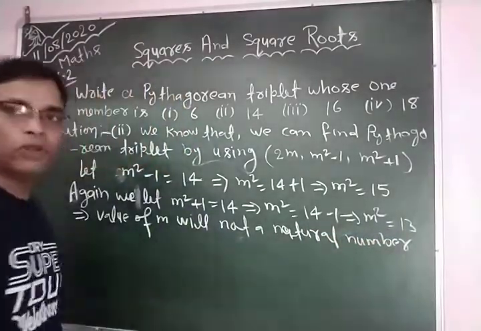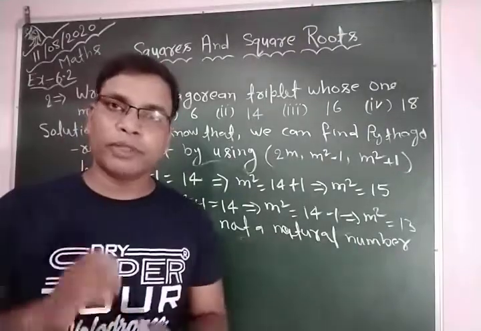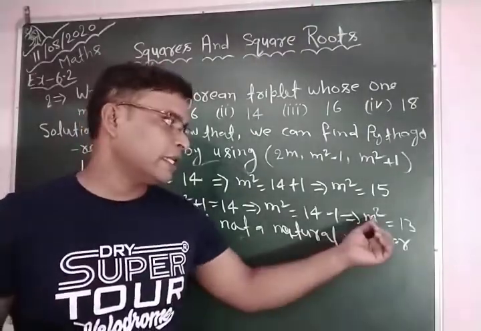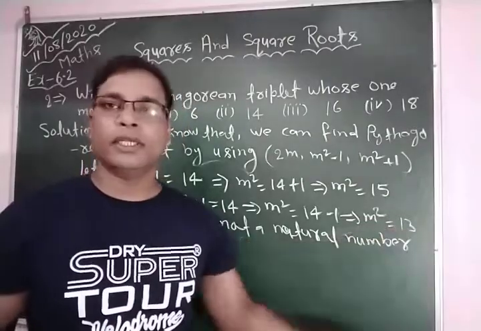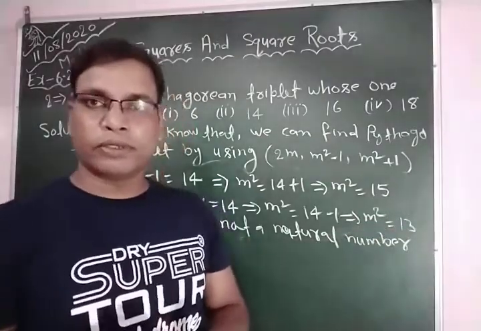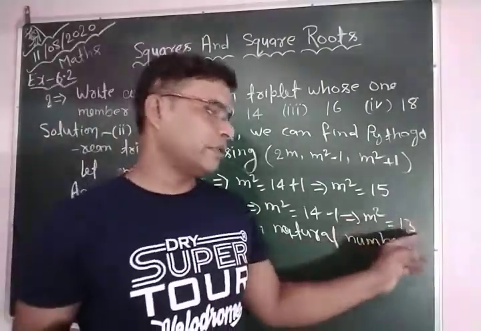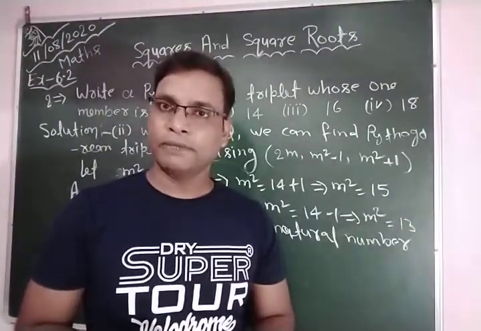Why is the value of m not a natural number? Because you can see here, this is m square is equal to 13. 13 is not a perfect square number. Okay, this is a non-perfect square number. So the value of m is not a natural number.